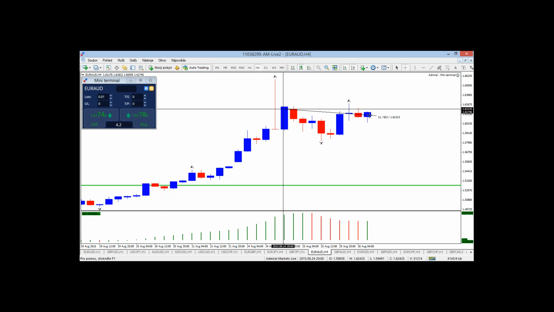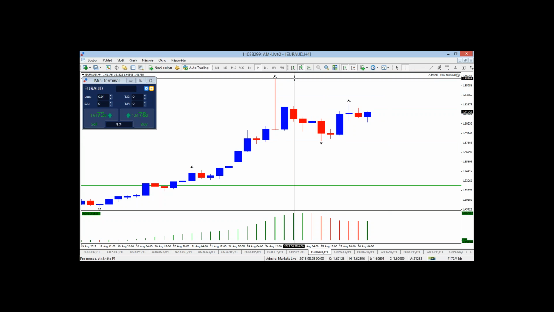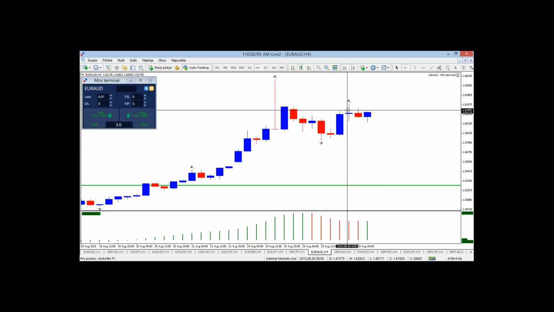Let me take a look at this 10th candle. Yeah, well, from that point of view, I'm still expecting a bit more retracement action on this currency pair, at least for today, perhaps.